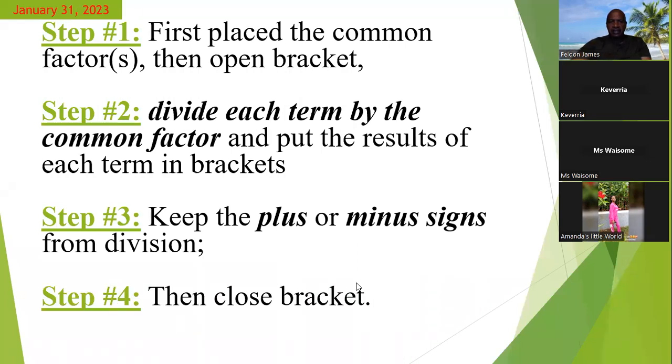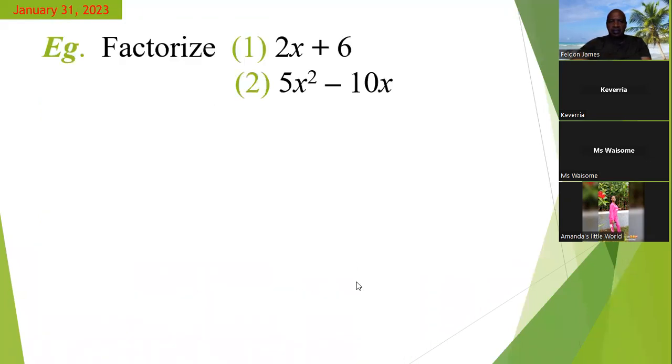All right. So looking at these examples, the first one here where we have 2x plus 6. I would have gone through these from previous class. So 2x plus 6. First, we identify factors that are common.